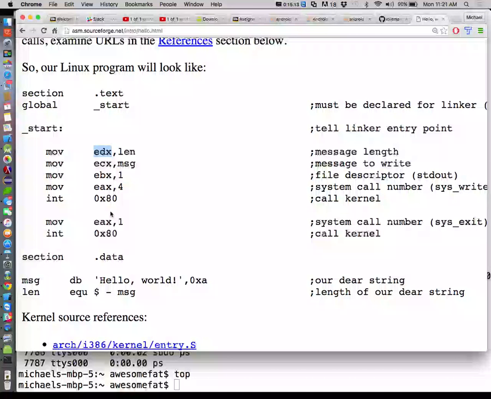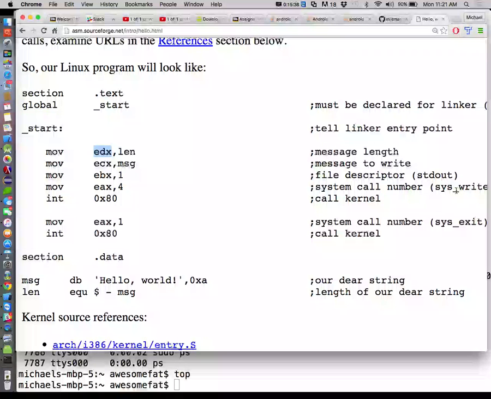That number 4 relates to a system call that's part of the Linux operating system called system write. That's the magical function built into the operating system that is related to the magic trick number 4, let's say.